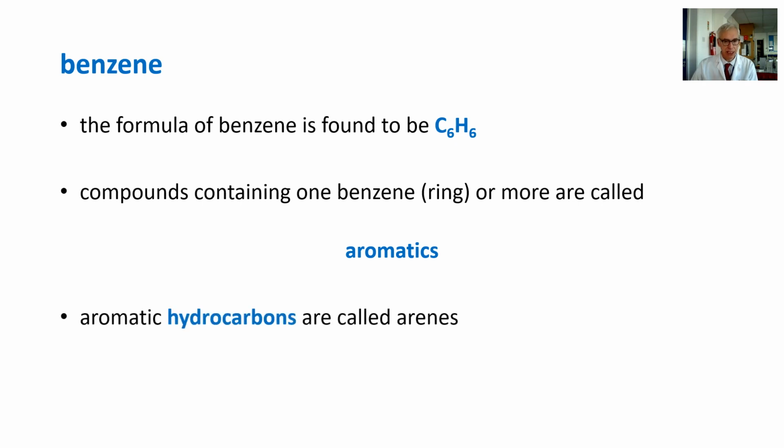If the aromatic, that is the molecule containing one or more benzene rings, is a hydrocarbon containing carbon and hydrogen only, then an additional piece of vocab is that those molecules which are aromatic yet hydrocarbon are called arenes.